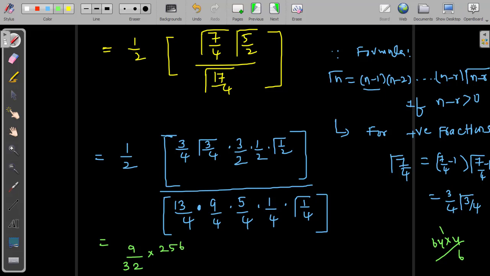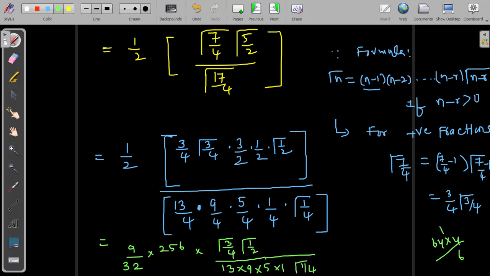The numerator has gamma 3 by 4 times gamma half, divided by 13 times 9 times 5 times 1, again gamma 1 by 4. Fine.